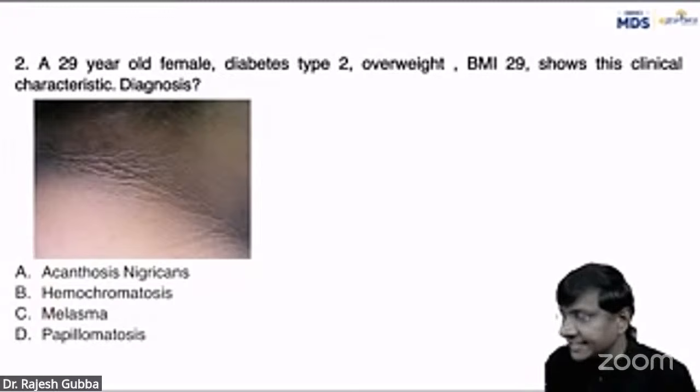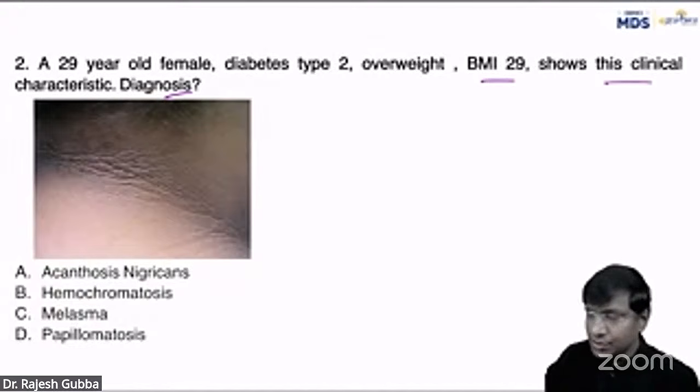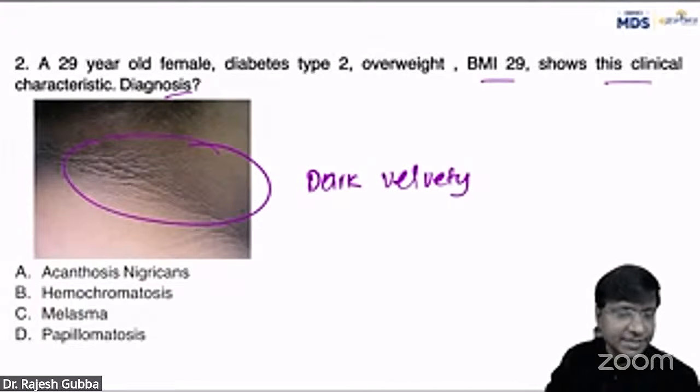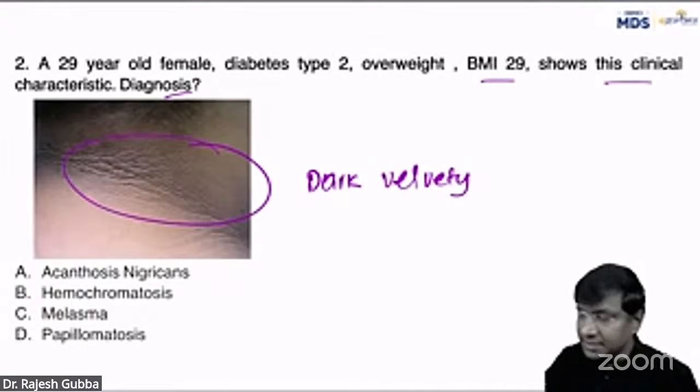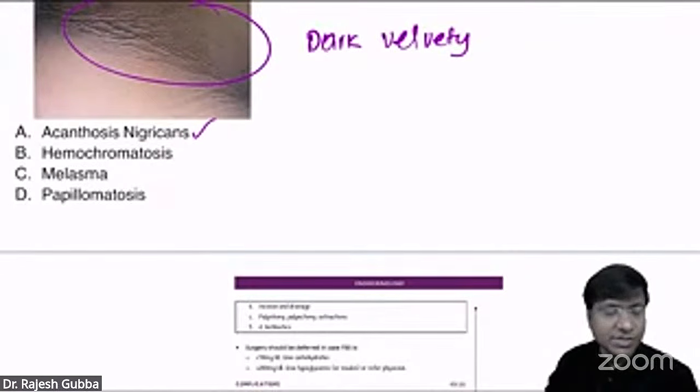A 29-year-old female with type 2 diabetes, overweight, BMI 29, shows these clinical features. What is the diagnosis? So what is this dark velvety skin? This dark velvety skin in a patient with type 2 diabetes mellitus is a feature of insulin resistance. So that is suggestive of acanthosis nigricans.